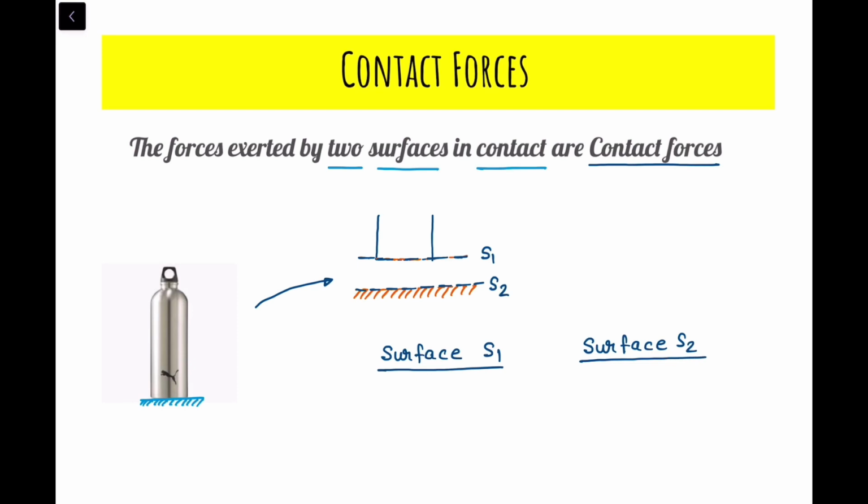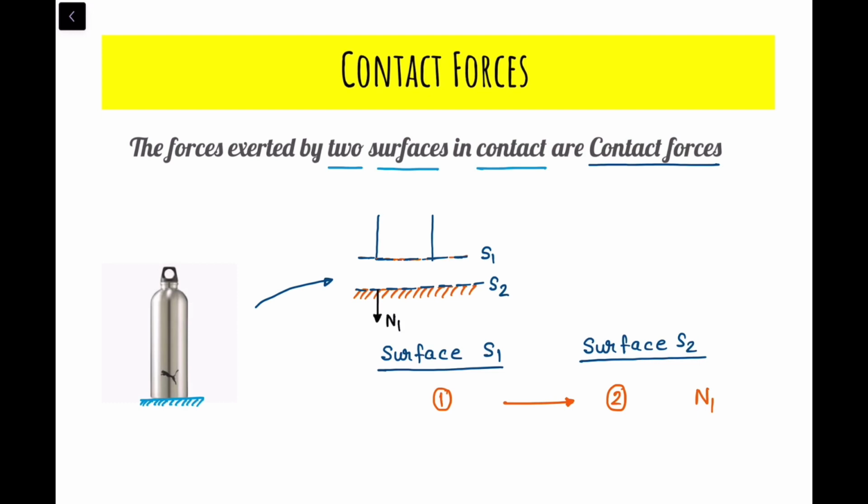Surface 1 will exert a force towards surface 2, and let the value of that force be N1. Why? Because the two surfaces are in contact, and when two surfaces are in contact, they exert forces on each other. Let me represent this force. This will be our force, N1.